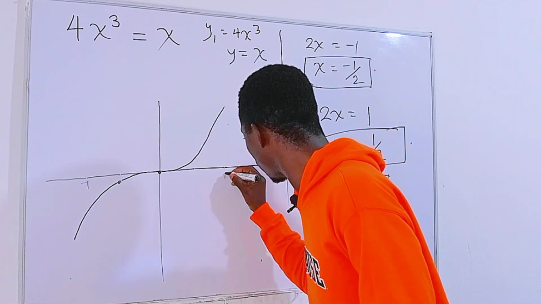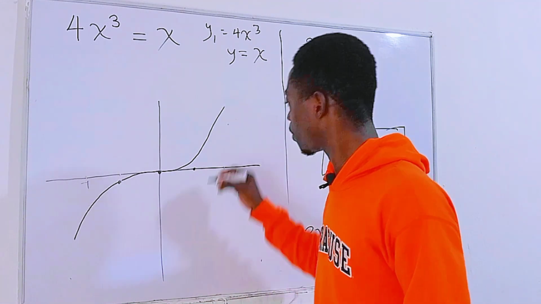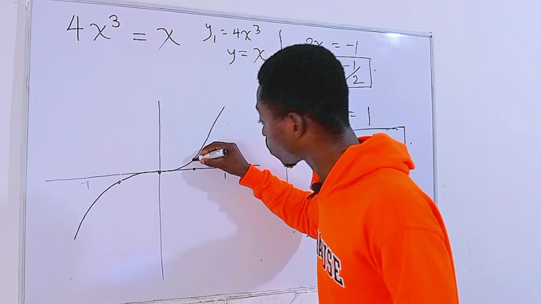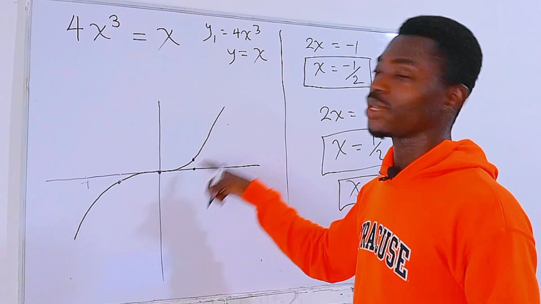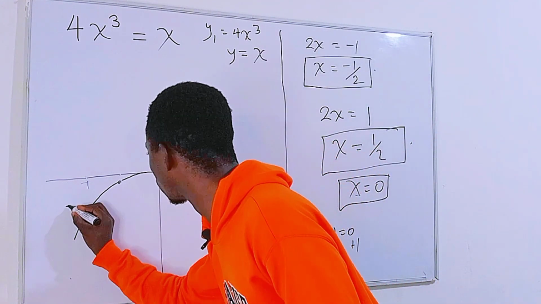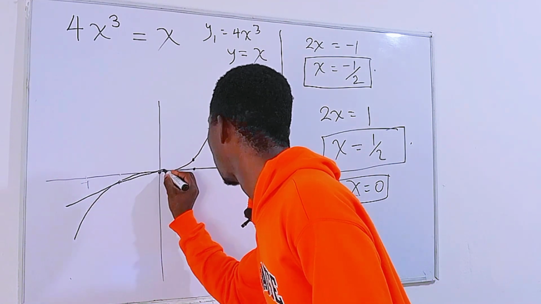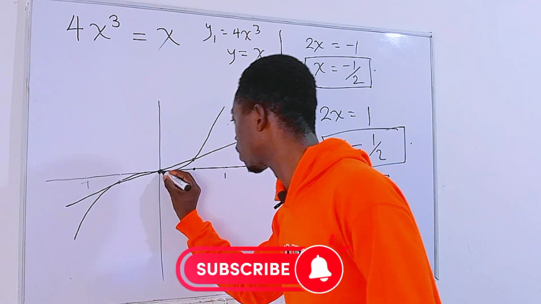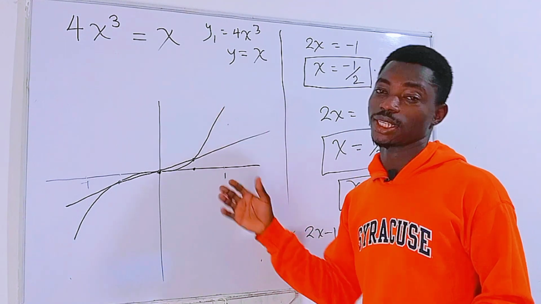In the same way, if here is 1, this point right here is going to be positive 1 half, meaning that when x is equal to 1 half and y is equal to 1 half, the point is going to be somewhere here. And now we have a third point, so we can draw the straight line. So you have the straight line to be like this, to pass through this one, and then just like that. Cool. So this is the overview of how the graph of this function is going to look like.